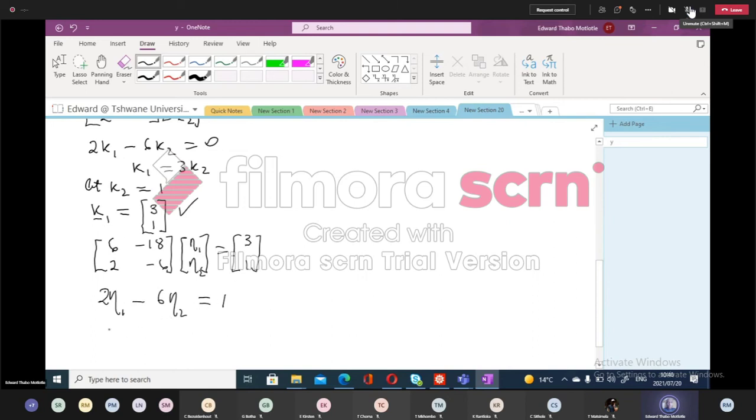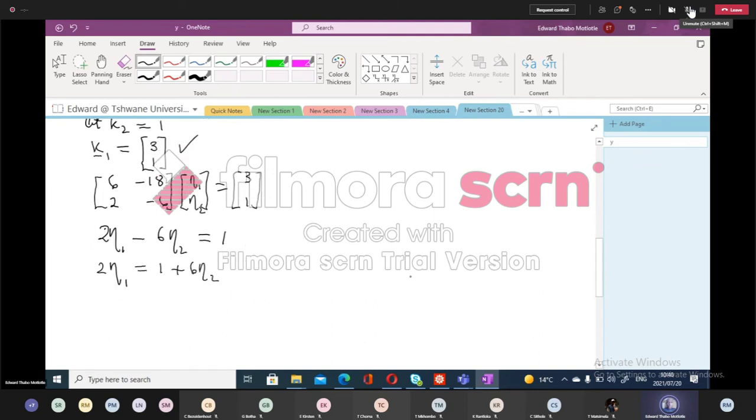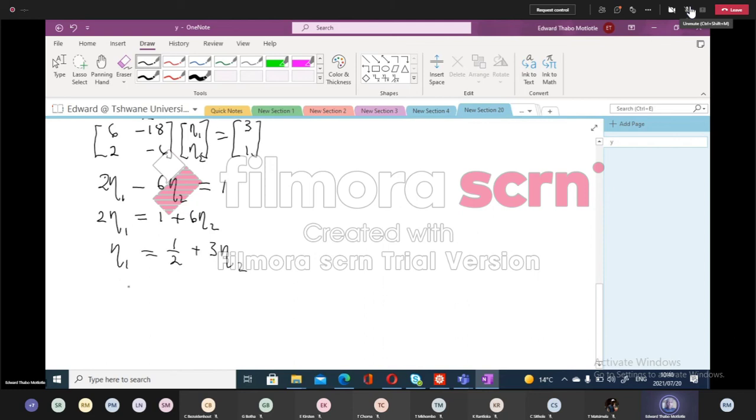So let's solve. We want to make mu1 the subject. So this is equals to 1 plus 6 mu2. Now, I said you are making mu1 the subject. So mu1 is equivalent to 1 over 2 plus 3 mu2. My choice is always to take the simplest form.